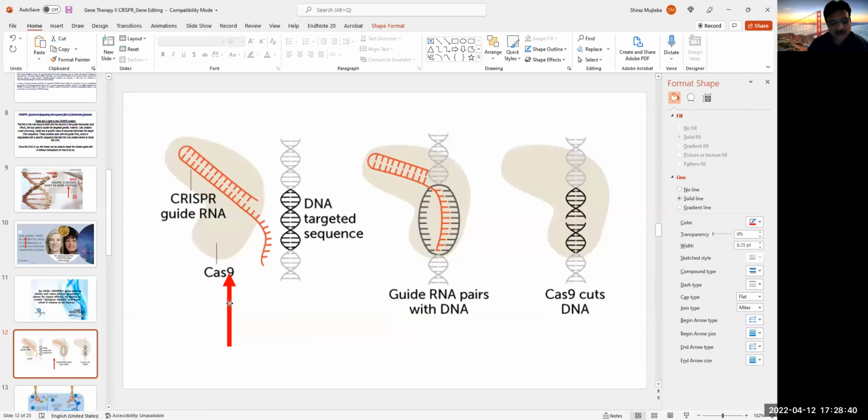It digests the DNA, and this can also bind to a special RNA that is called guide RNA, right? So please remember this protein here, Cas9. It has a nuclease activity, mainly targeting DNA. It can bind to RNA, and this RNA is called guide RNA.